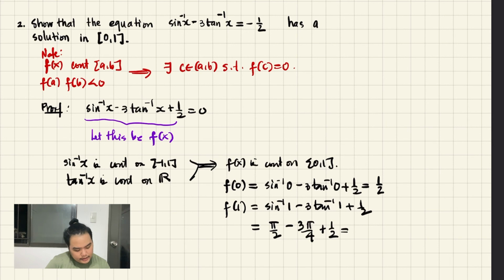Let's combine into a single fraction: 2 pi minus 3 pi plus 2, so you get negative pi plus 2 over 4.